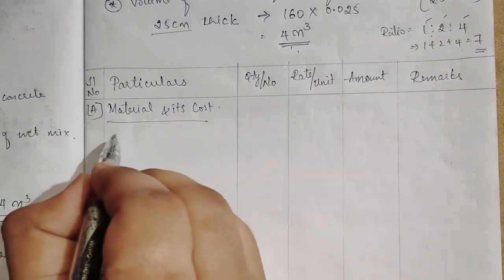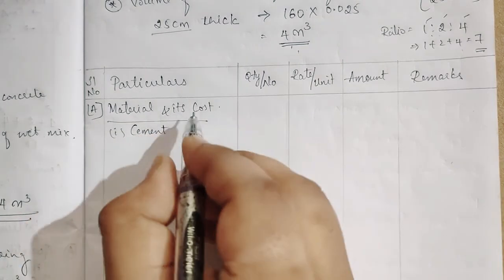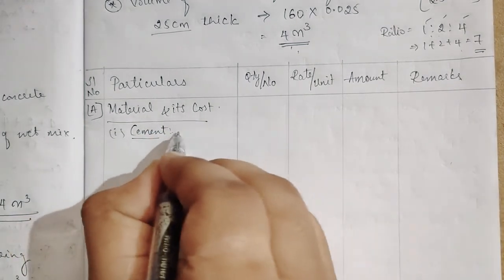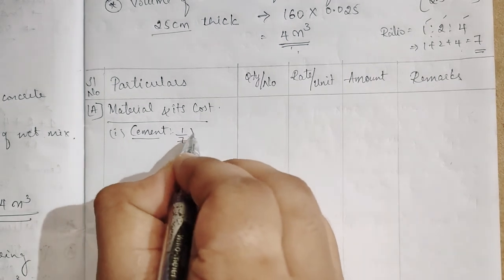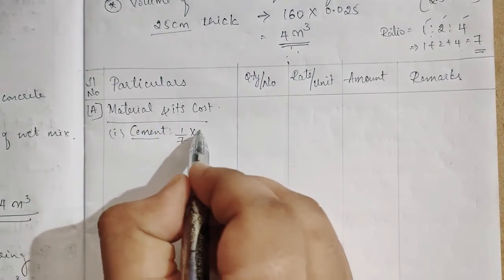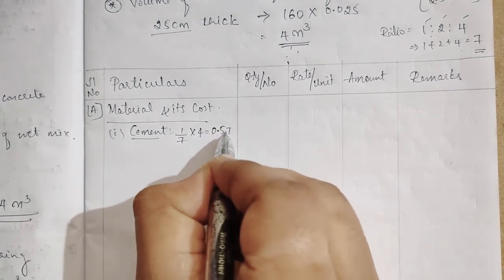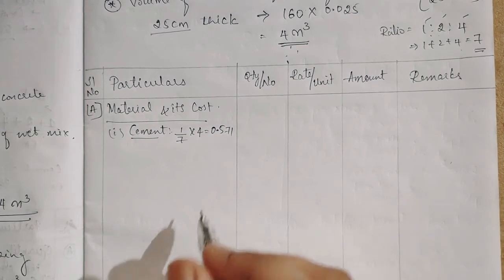Now what are the materials required? First one is cement. That will be 1 by 7 into the total volume, that is 4 meter cube. It will come to 0.571 meter cube.